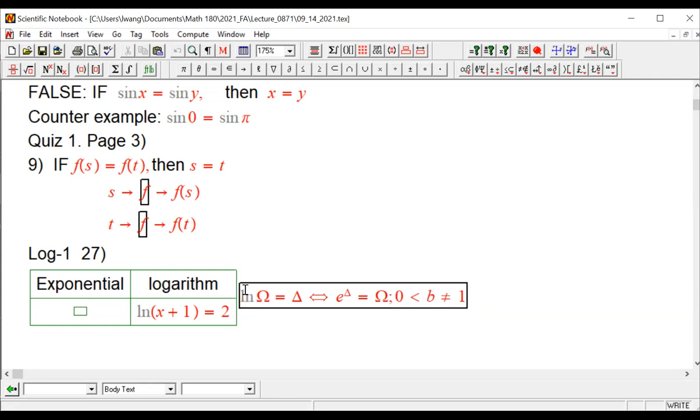This is called a natural log. Basically, ln is the shorthand notation for log of natural, or natural log. Do you guys follow me? N for natural, L for log.